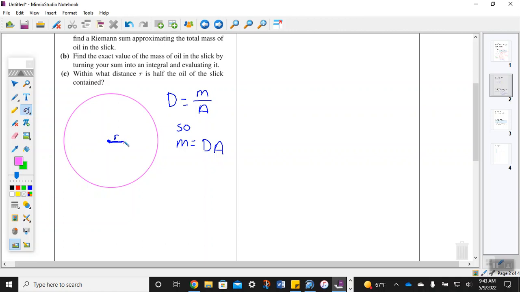I'll do my best. Oh, I screwed it up already, but hopefully it corrects it for me. Not too bad. Oh, I didn't want to do that. Okay. So what we do here is we say, all right, let's look at the density out here at a certain radius r. And we slice this up into some rings like this. And these rings are going to look like the following.